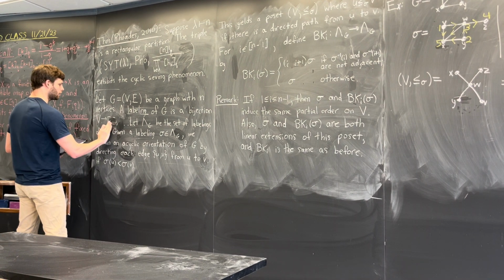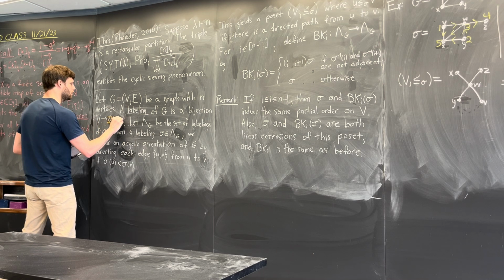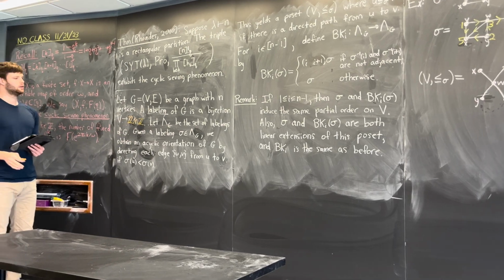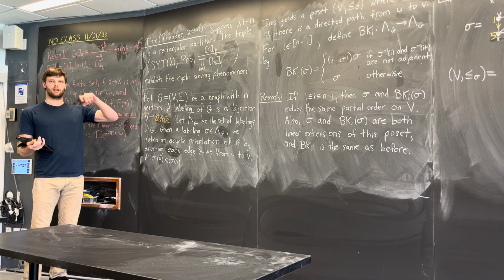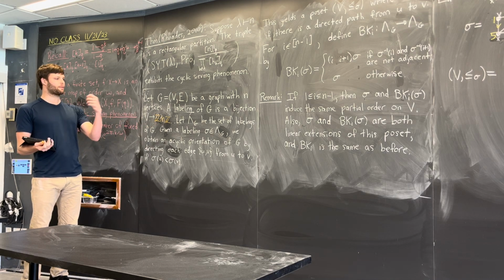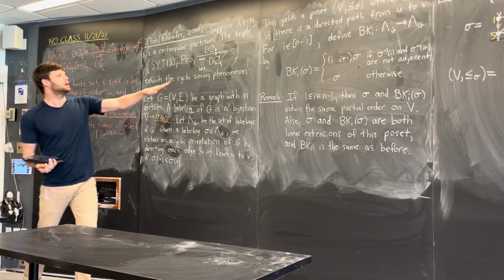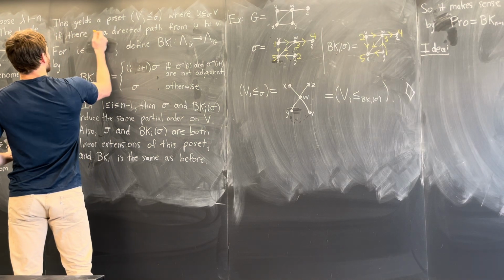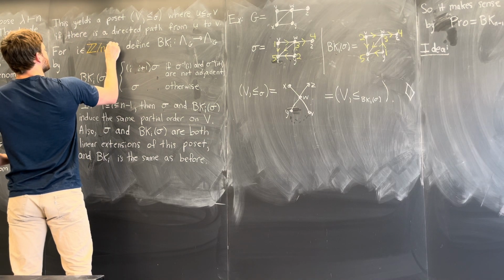I'm going to change this a little. I'm going to change it to Z mod NZ. That might not seem like I did anything different, because they're sort of the same thing. But I want to think of Z mod NZ as kind of a cyclic object, because I can wrap around. And maybe more importantly, here I said I'll define bk sub I for I in bracket n minus 1. But let me actually define it for I in Z mod NZ.